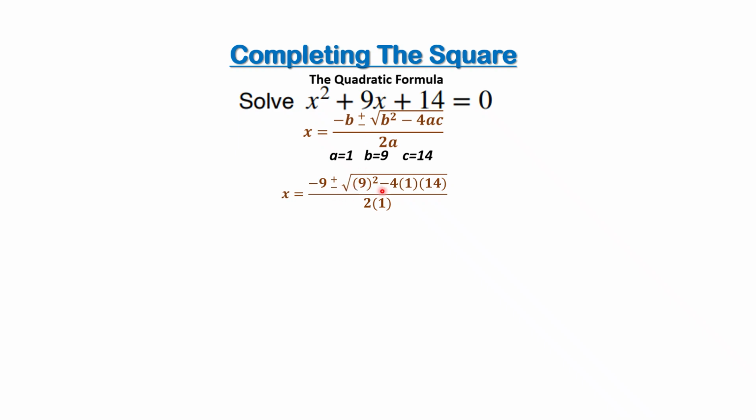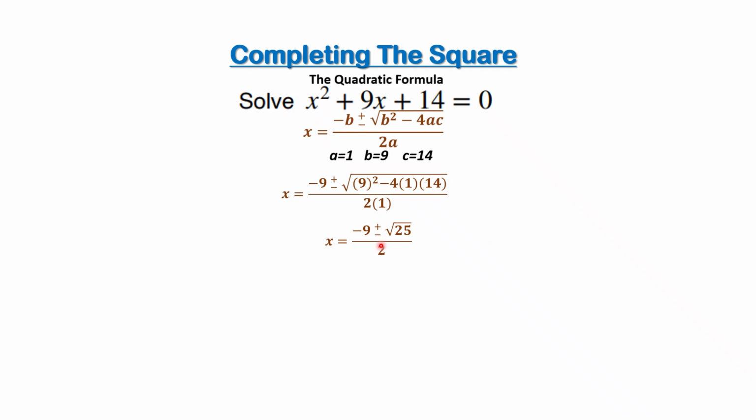So it's 9 squared minus 4ac means minus 4 times a times c. So it's minus 4 times 1 times 14. Divide by 2a, so it's 2 times 1. That's very good. All this inside the square root is just 25, so it's minus 9 plus or minus root 25 divided by 2.